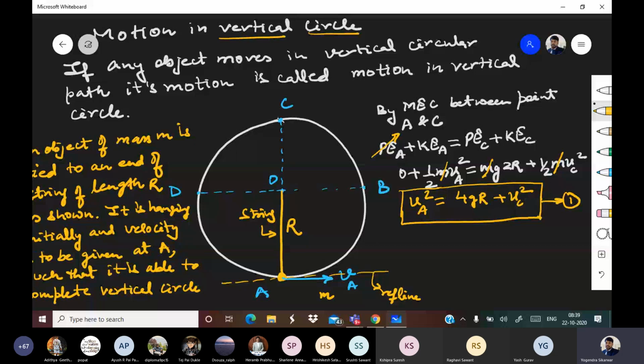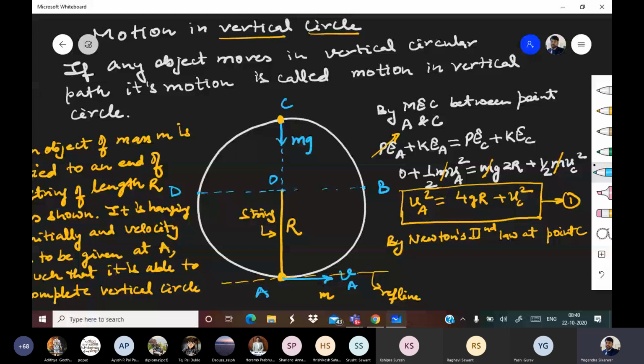So when the object has reached here at point C, try to understand what will happen. By Newton's second law at point C, I'm going to draw the FBD of the object at point C. Now you can see mg will be acting downward.